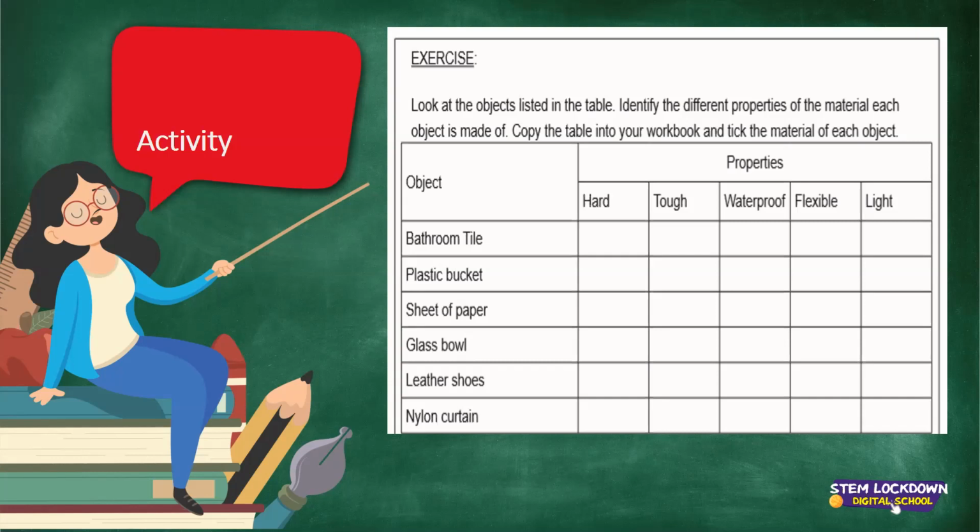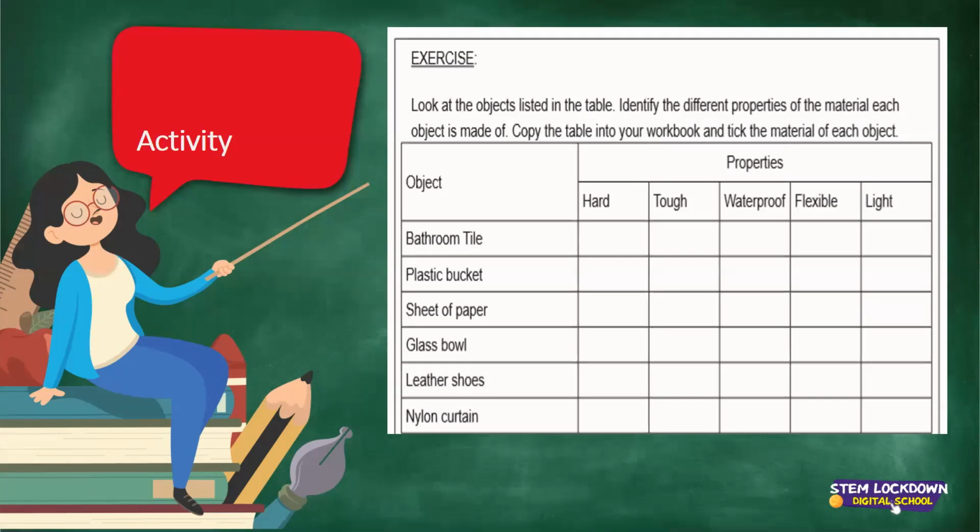You have the properties. As I speak, you continue doing your activity, and then you go from bathroom tile to plastic bucket, and then you check the property that you know it has. You think of the plastic bucket. If you have it at home, you can even look at it and test it to check, is this thing hard?